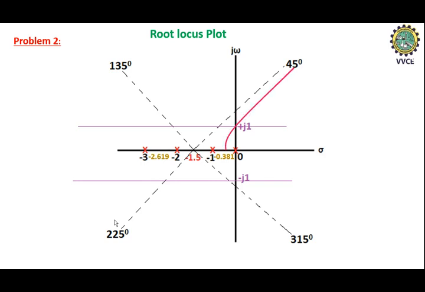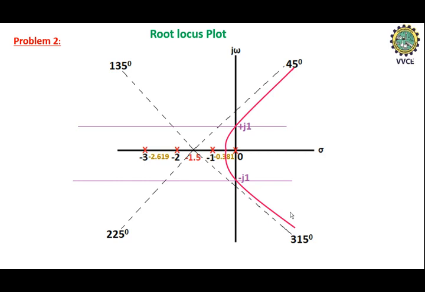Starting from minus 0.381, the pole at 0 is moving from this breakaway point at 45 degrees. Next, the second branch is moving from minus 1 to minus 0.381, and from there at 315 degrees. Two branches are over.